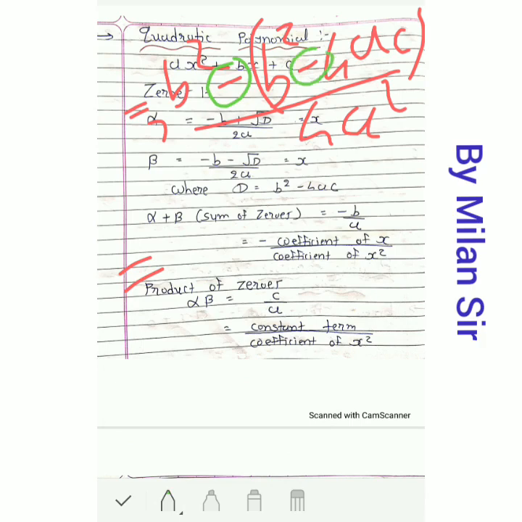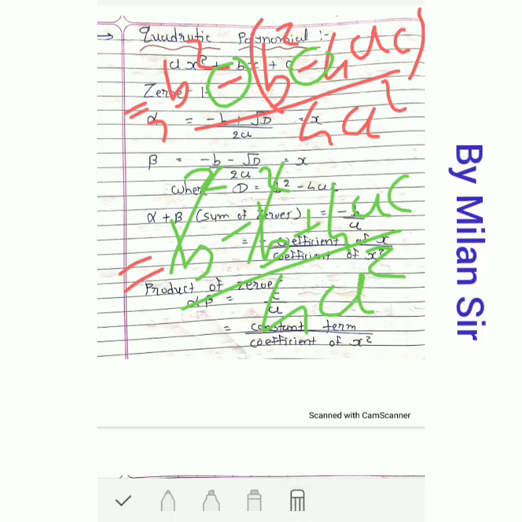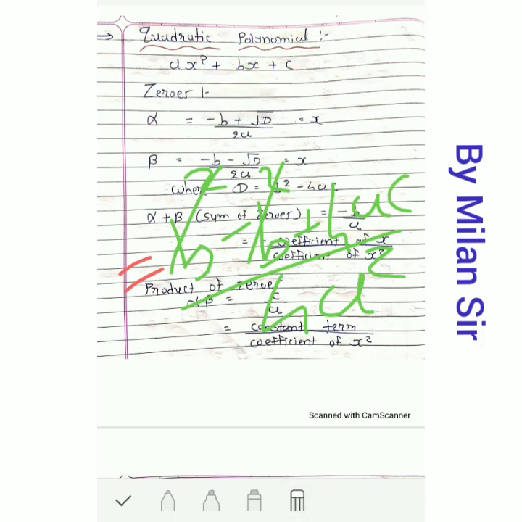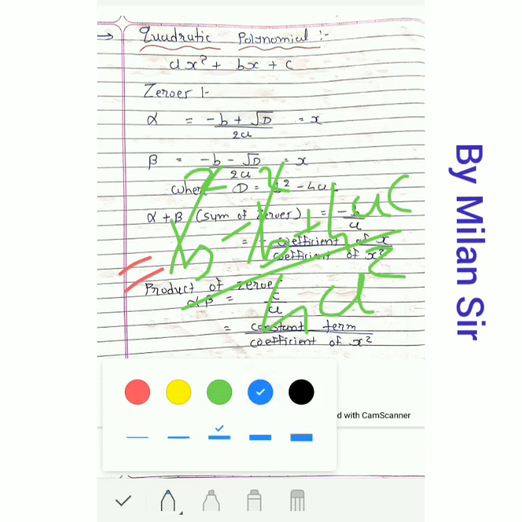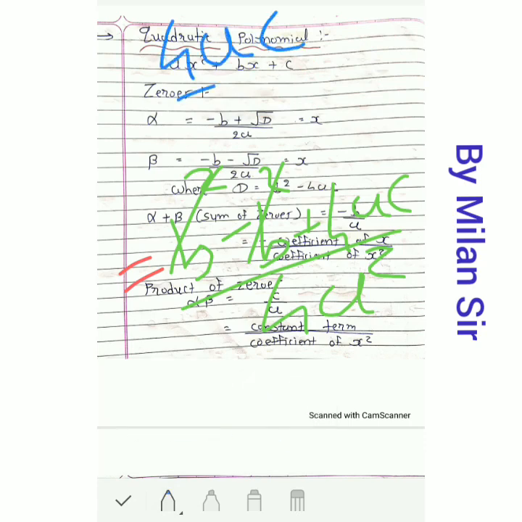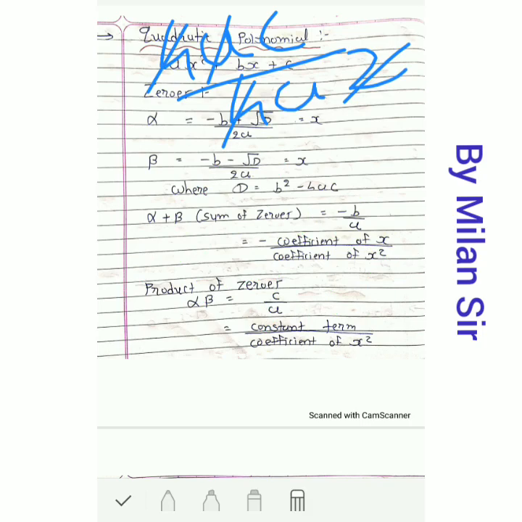Minus minus becomes plus, means b square minus b square, and then minus minus plus 4ac divided by 4a square. So b square cancels. So finally what we get is 4ac divided by 4a square, then 4 cancels, one a cancels. So finally we get our c by a.